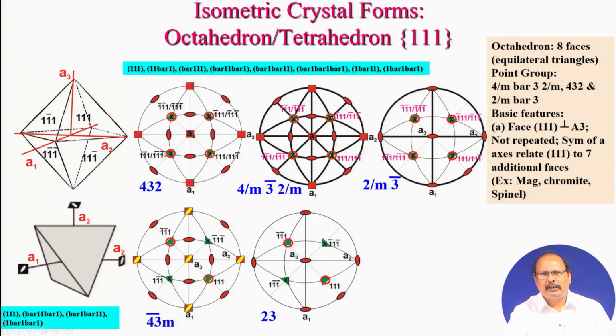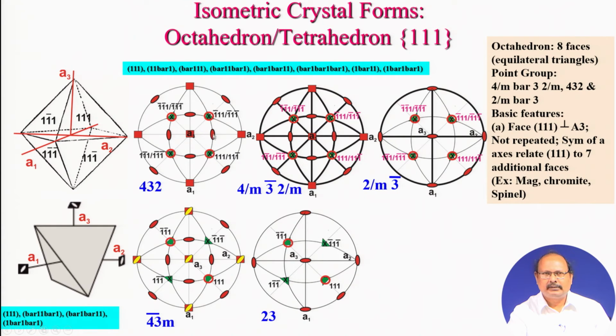So, once you generate a cross here, the vertical fourfold axis will rotate this cross and will produce a cross here, it will produce a cross here, it will produce a cross here. So, you have three more faces which intersect the negative direction of the A3 axis generated here.